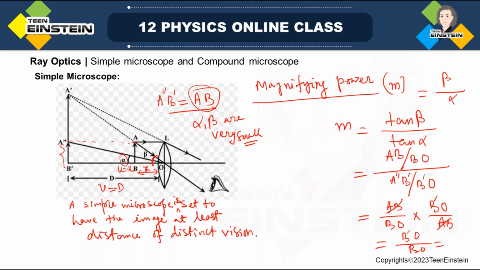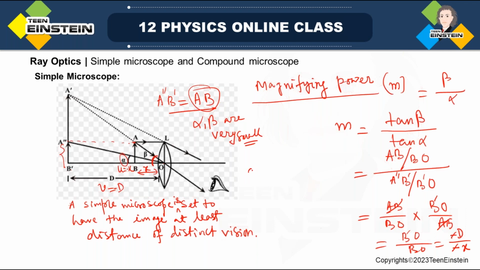So what is BO? BO is minus X. B prime O is actually minus D, and BO is minus X. So these two will cancel each other.